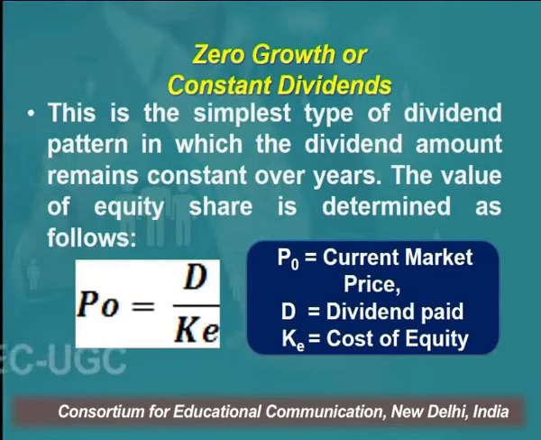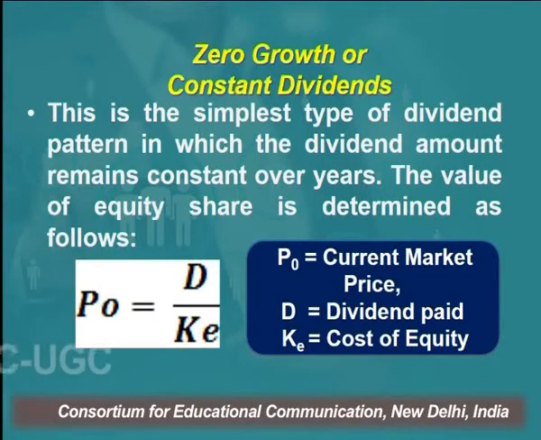Simply, the value of the share will be based on the formula. By this method, we can calculate the value of the equity share, P0. P0 means the current price of the share, right? And D is the dividend, which will remain fixed year after year. KE is the required rate of return, or we call it the cost of equity. So P0 is equal to D divided by KE.